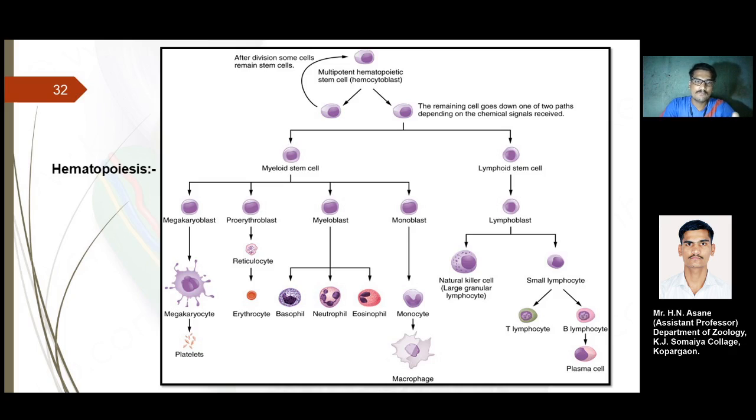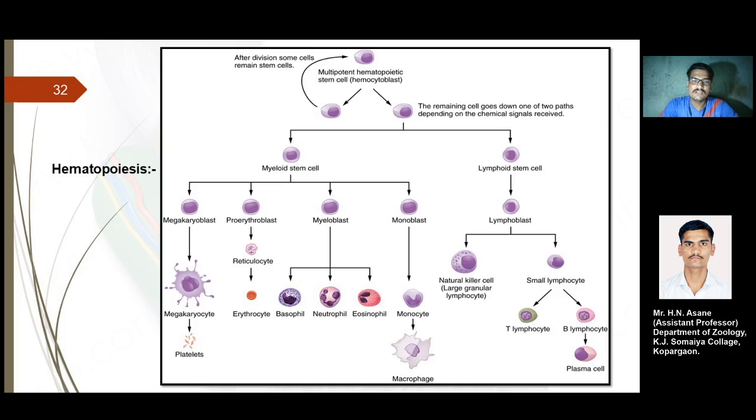At the stage of a reticulocyte, the degeneration of the nucleus and the mitochondria occurs, and the shape of the cell changes by means of invagination, and it gets converted into the non-nucleated erythrocyte.